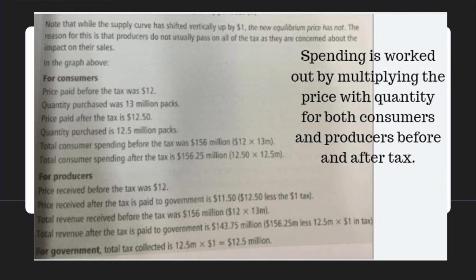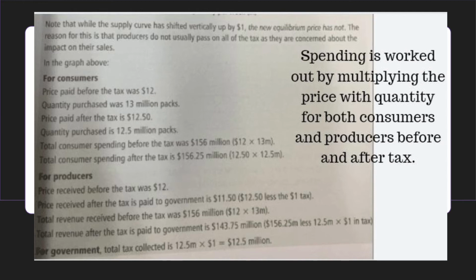Total consumer spending before the tax was 156 million. So you might need to go back to one of the previous videos if you want to look at how to specifically work out our revenue. But it is essentially the price times the quantity.